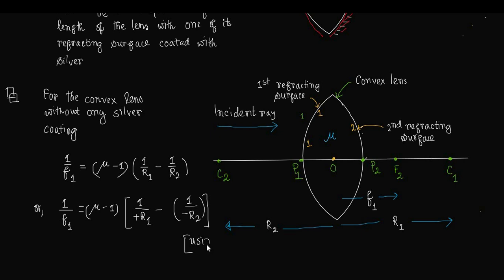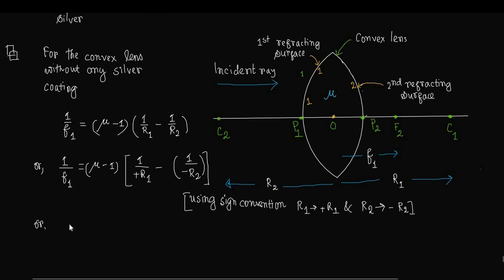Using sign convention, the radius of curvature of the first refracting surface, r1, should be positive, and the radius of curvature of the second refracting surface, r2, should be negative, because r2 is measured in the opposite direction of the incident ray.